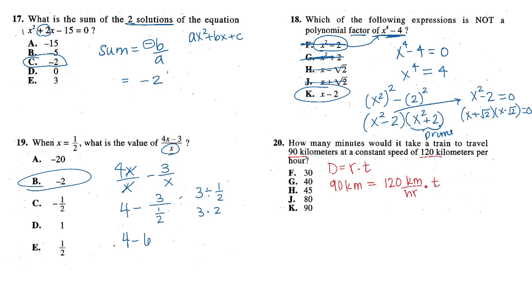So we need to divide. So we're going to have 90 kilometers over 120 kilometers per hour. That's going to give us our time.